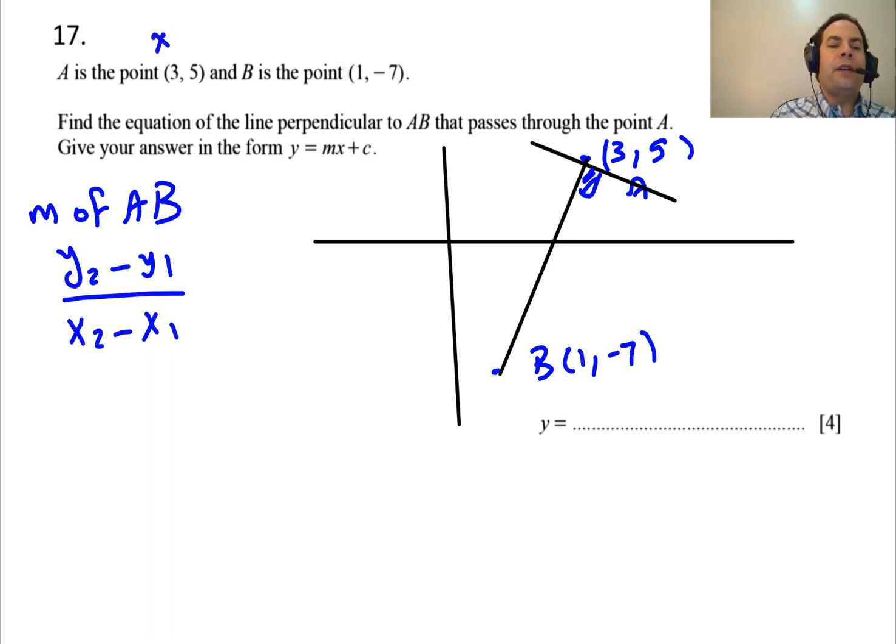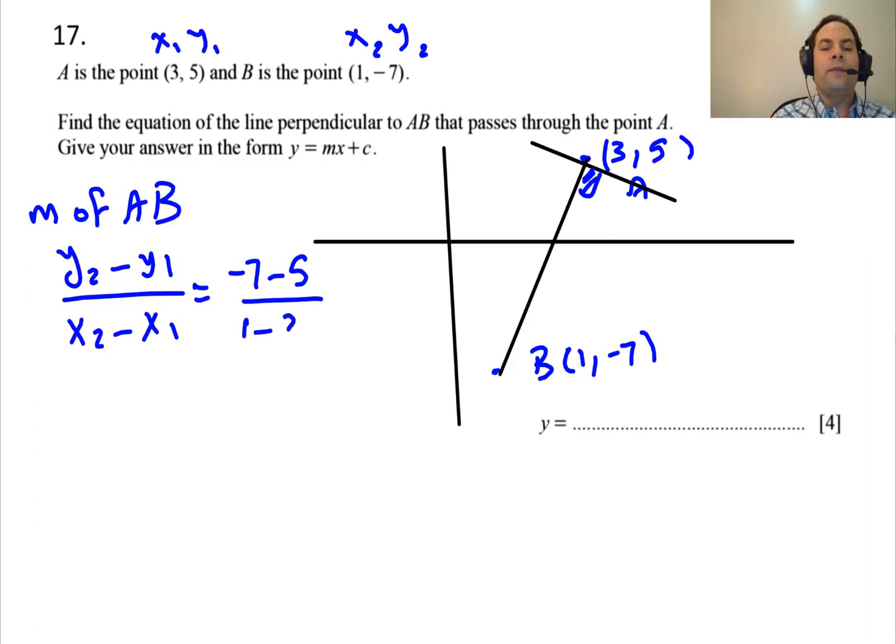The first point has coordinates x1 and y1, the second point x2 and y2. So y2 minus y1 is -7 minus 5, divided by 1 minus 3. The answer is -12 divided by -2, so the gradient of the straight line AB is equal to +6.